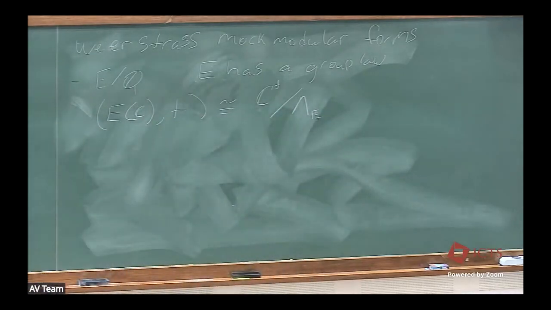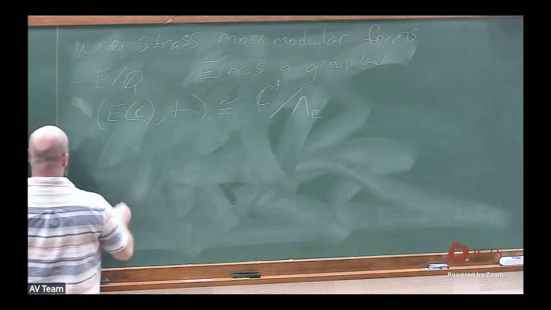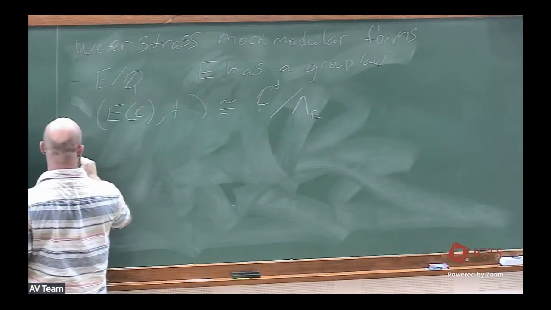More or less familiar to everybody? Okay. So now Weierstrass theory gives us a way of parameterizing our elliptic curve. So one of the things that we're going to start off with is the Weierstrass P function.